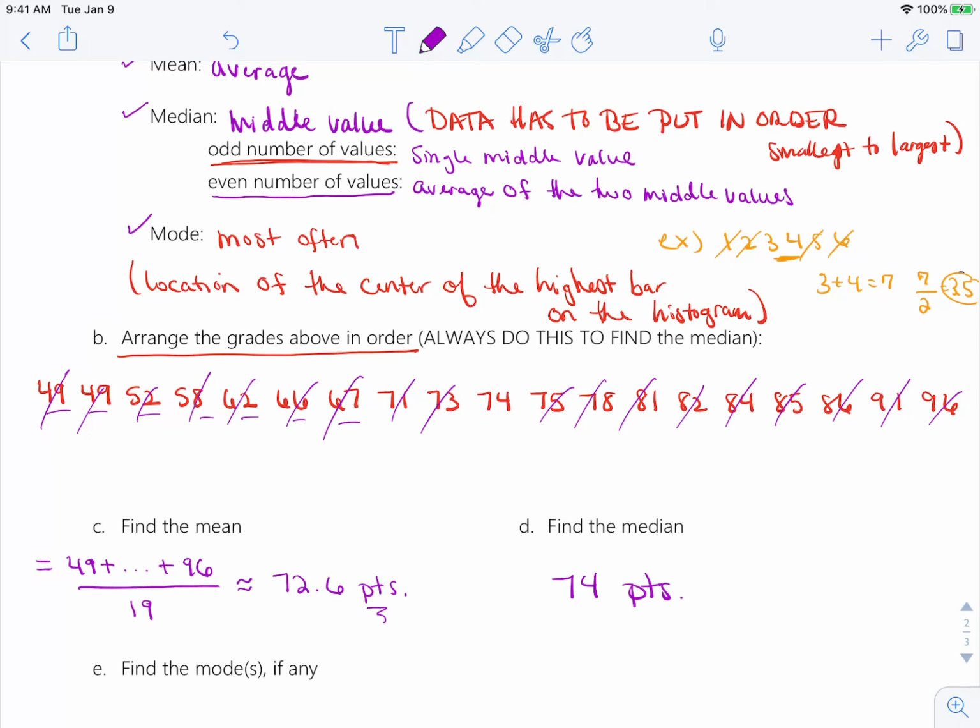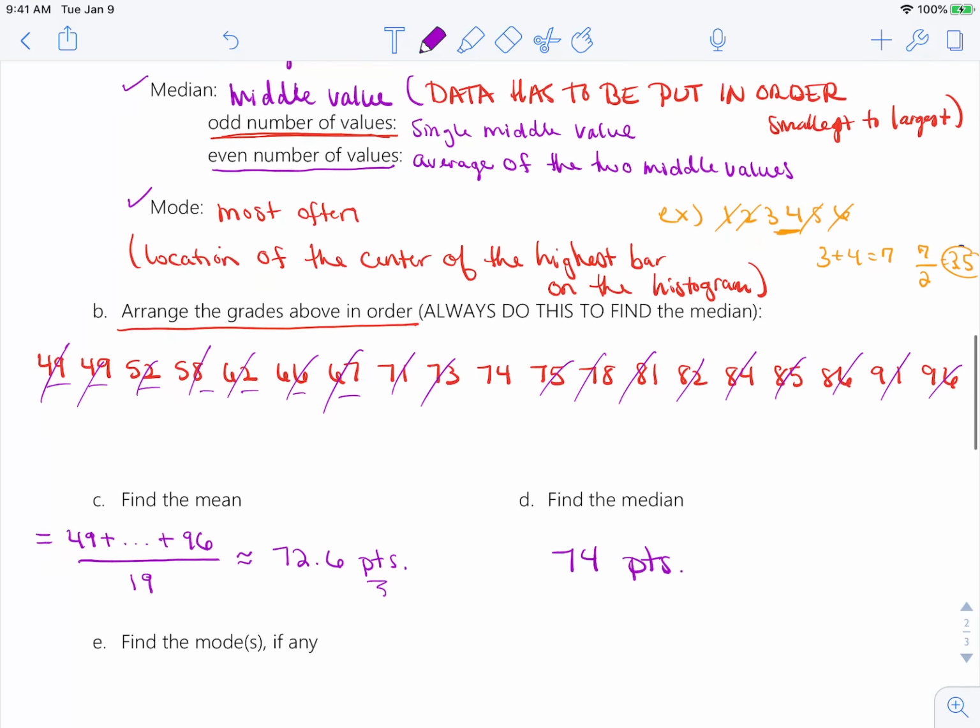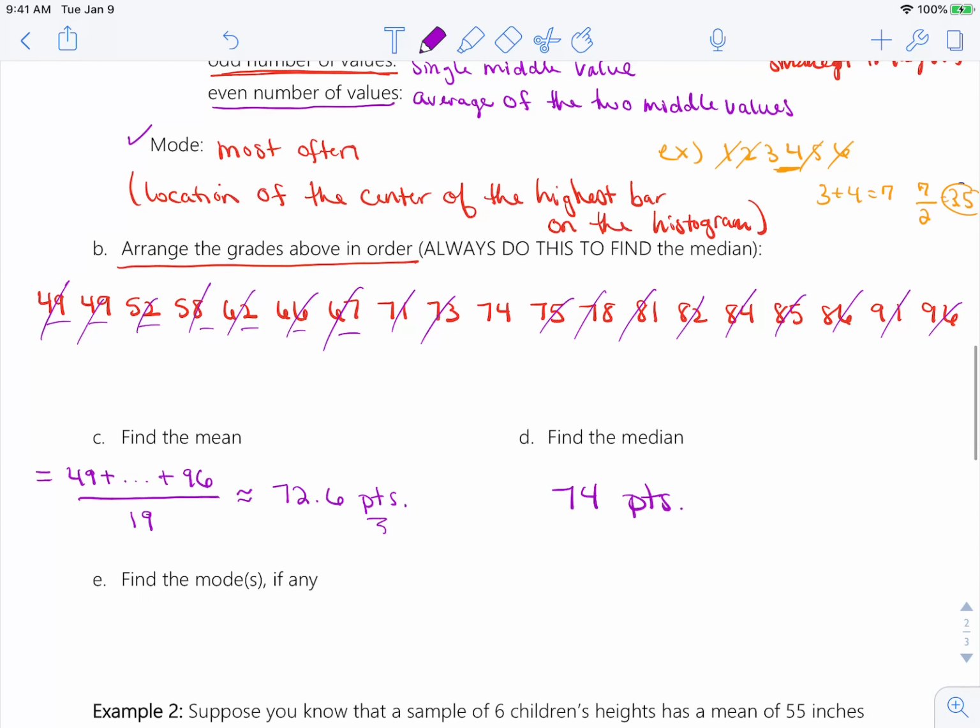Now the mode, we would think it should be 49 because that's the number that occurs the most. So we think it should be 49. But, and that's where I'm going to stop this video, we're going to talk about what we can gather from the histogram about our mean, median, and mode.